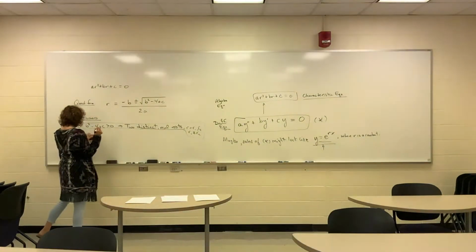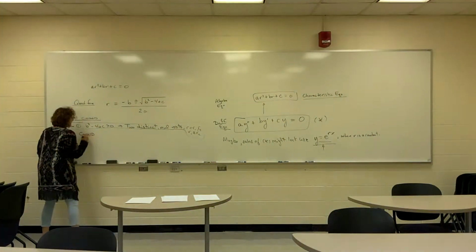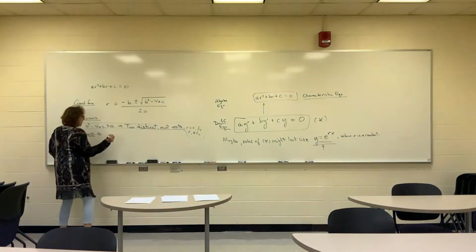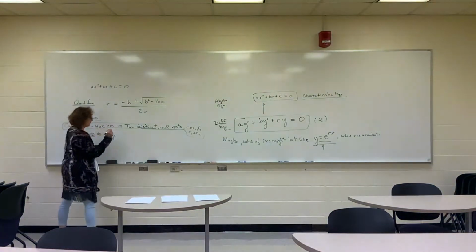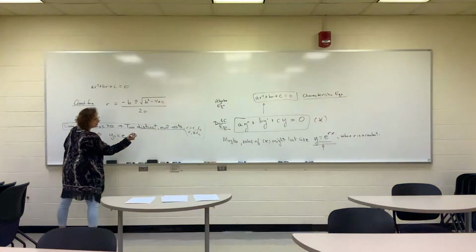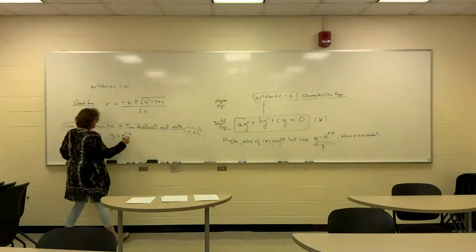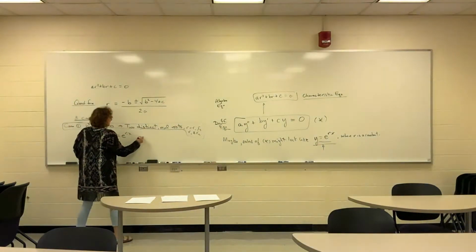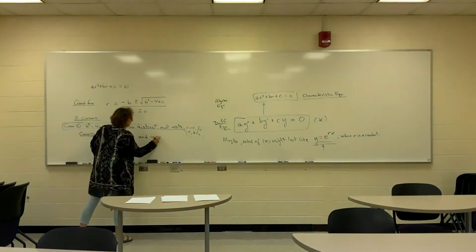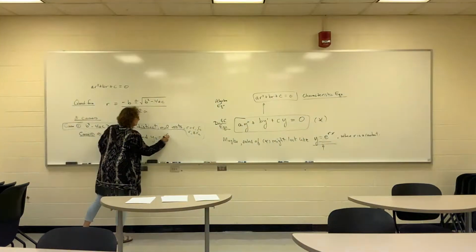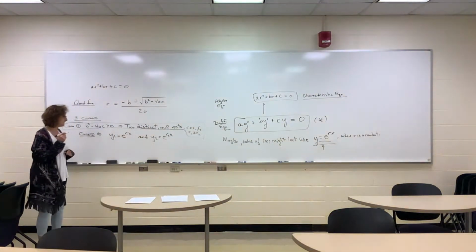Case 1 implies there would be some solution, let's call it y1, which would be e to the r1x, right? One of those roots. And some other solution y2, which would be e to the r2x, right?